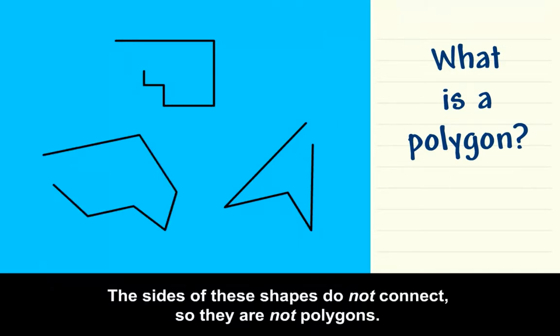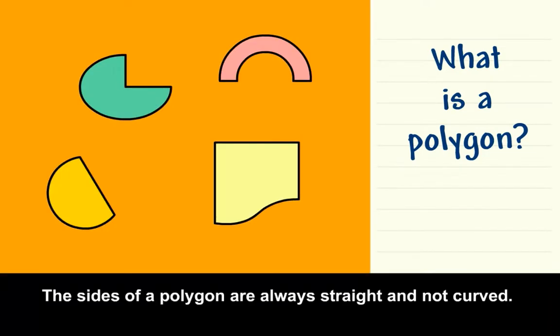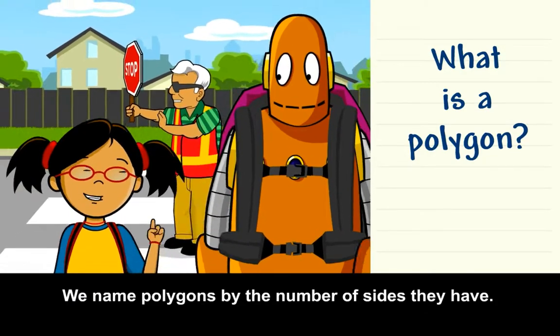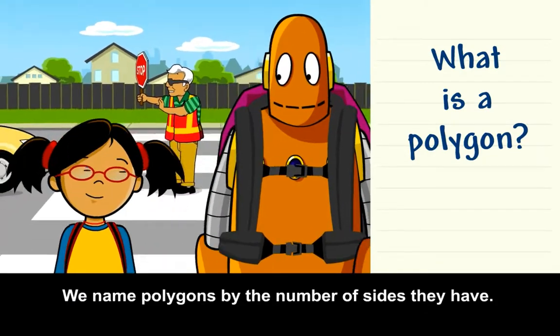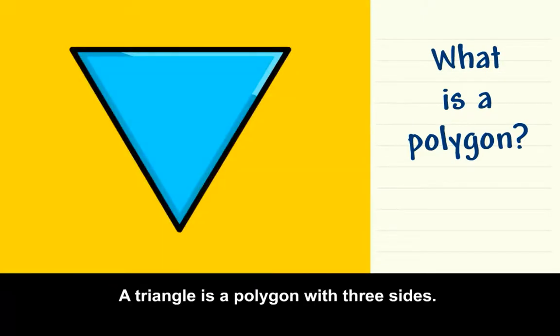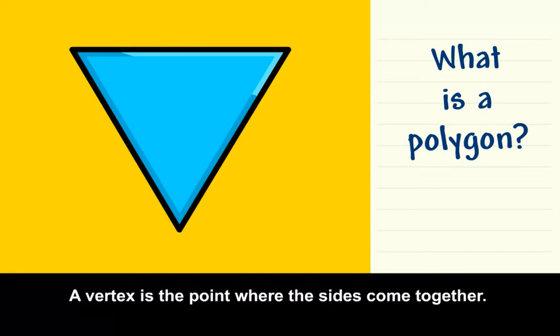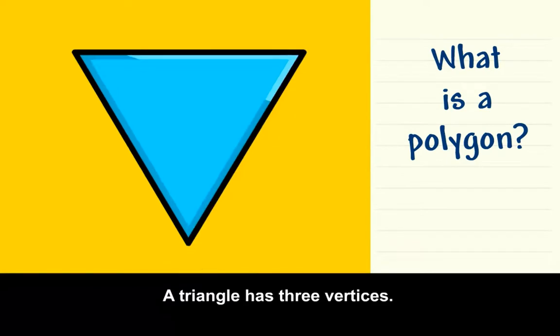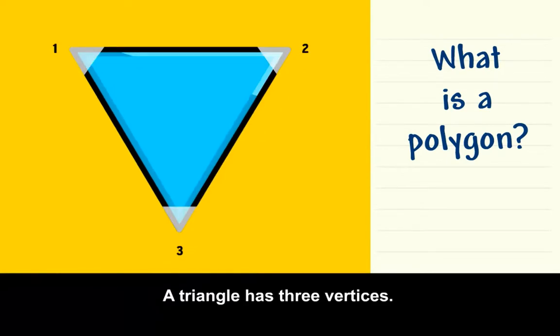The sides of these shapes do not connect, so they are not polygons. The sides of a polygon are always straight and not curved, so these aren't polygons either. We name polygons by the number of sides they have. A triangle is a polygon with 3 sides. A vertex is the point where the sides come together. A triangle has 3 vertices.